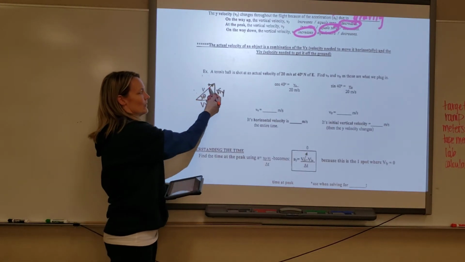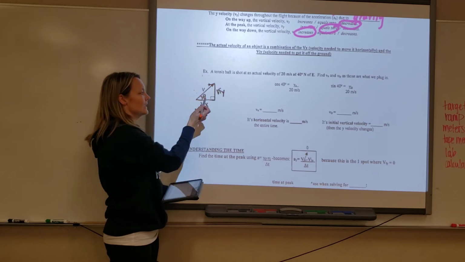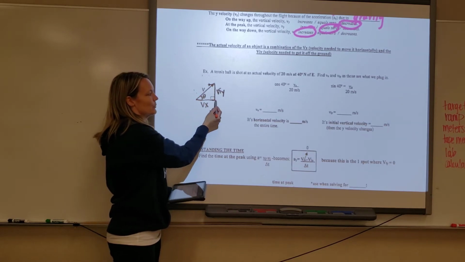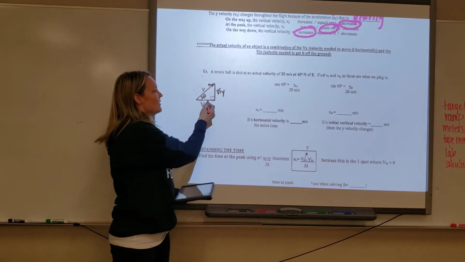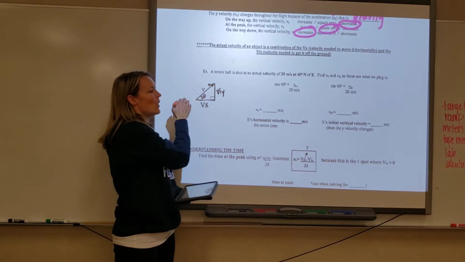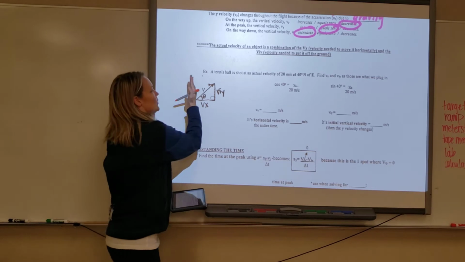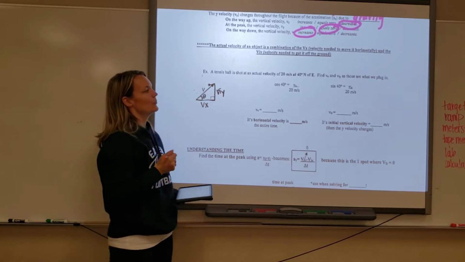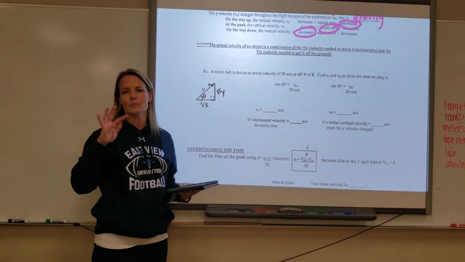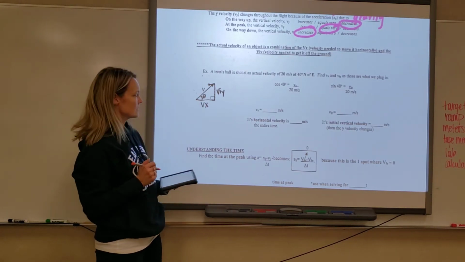So the actual velocity that something leaves with is a combination of the velocity pushing in the x direction to move it side to side, and the velocity pushing in the y direction to get it off the ground. We just shift that over, turn it into a right triangle, and if we know the angle, we can find and break apart the different portions of the velocity.